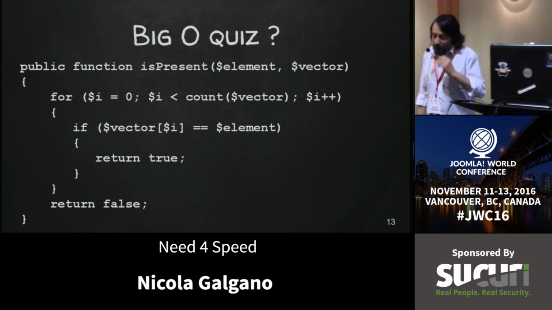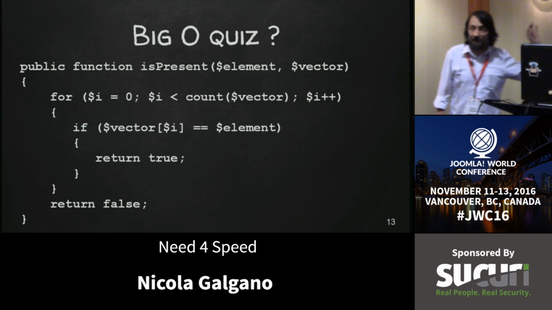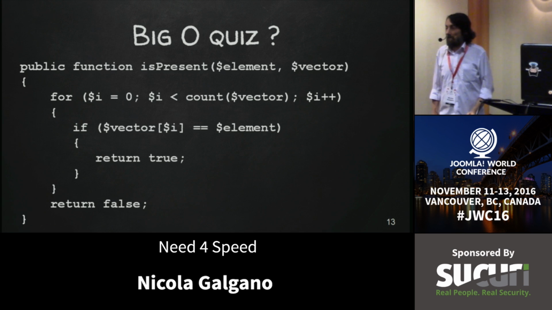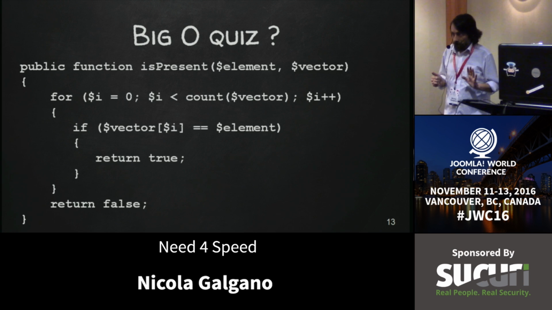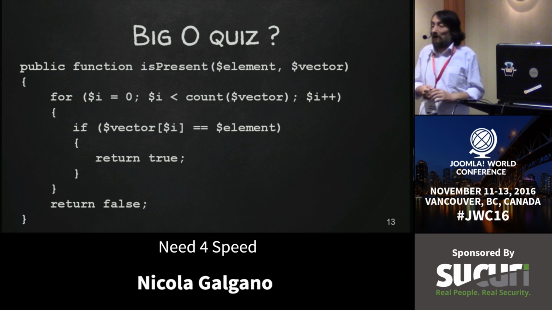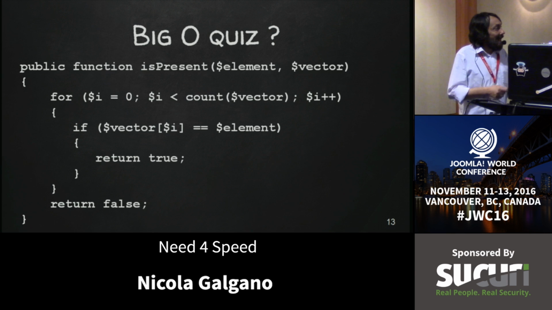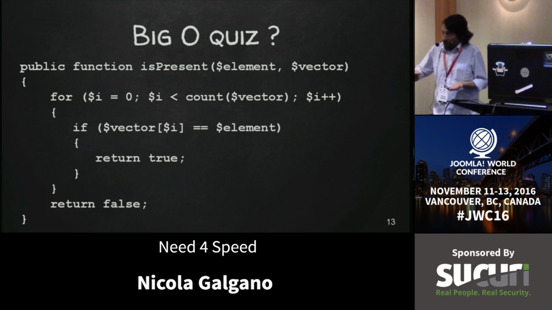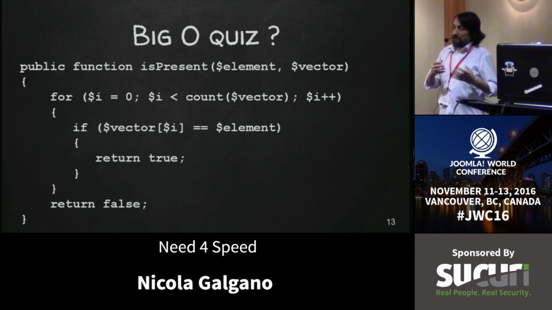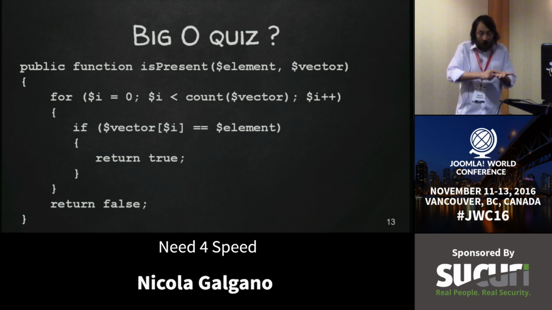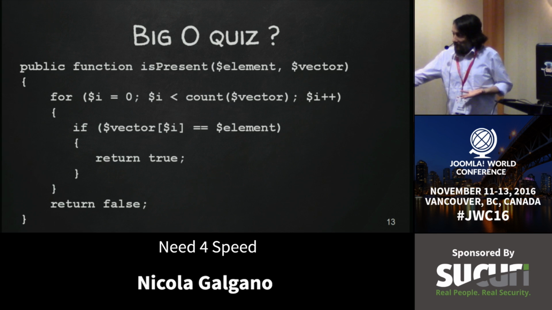So, if you have to tell someone how much time this algorithm, this function takes to perform: if I have an array of 10 elements, and I'm looking for whether element A is present in the array, I have to iterate through the array. So, the big O notation in this case tells us that the worst scenario is that you have to iterate through all elements of the array.